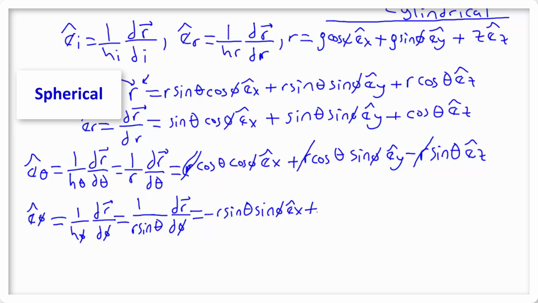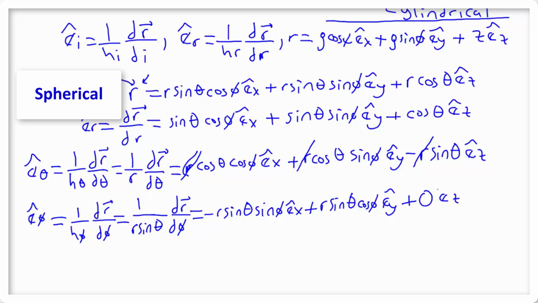In the same way, this time there is sine phi, then its derivative is cos phi, so here will remain plus r sine theta cos phi ey, and since there is nothing according to phi here, it means the derivative with respect to phi is 0.